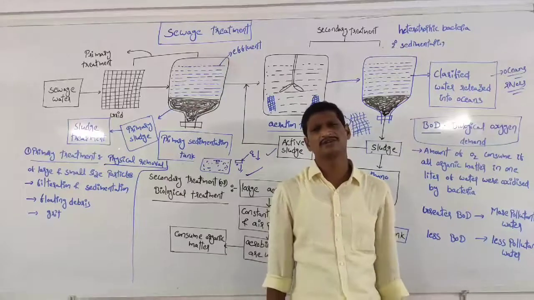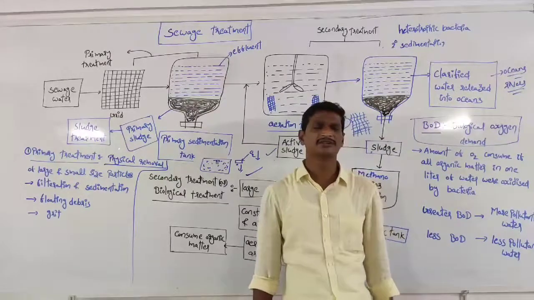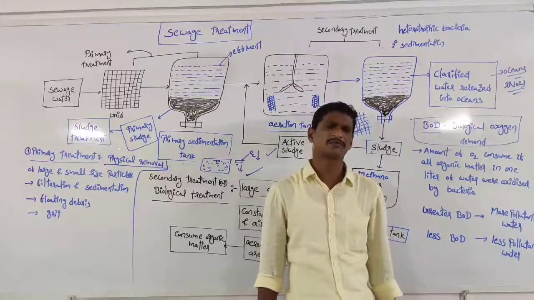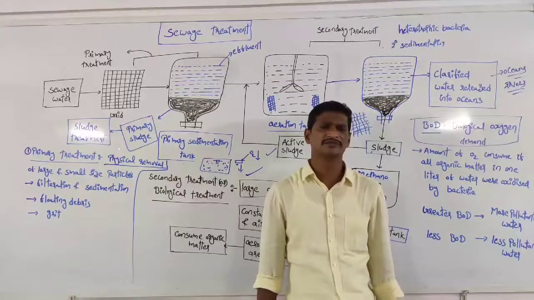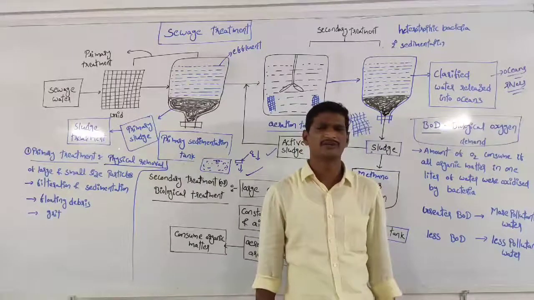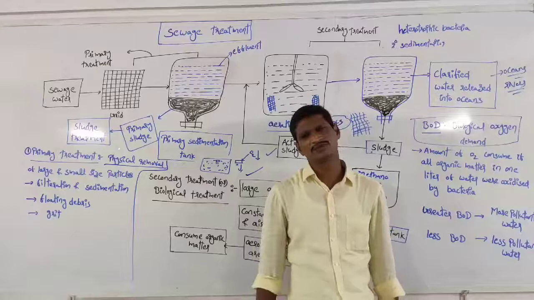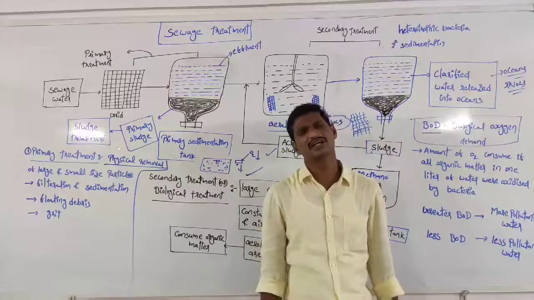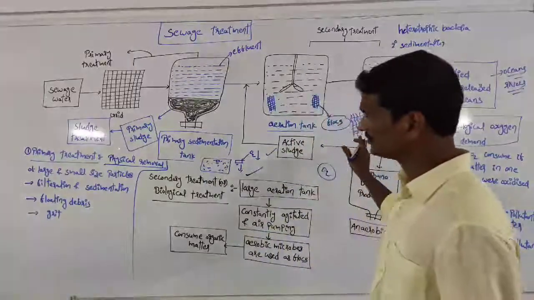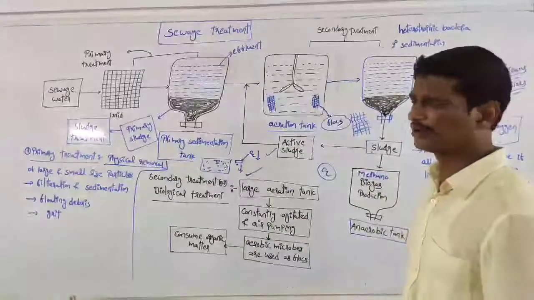Then somewhat the Ganga river and Yamuna river water is purified. The major problem nowadays is industrial waste. The industrial waste simply enters the river water and pollutes it. So too much organic content is present. By this way, they are purifying the water.